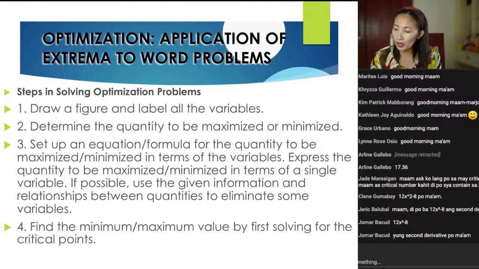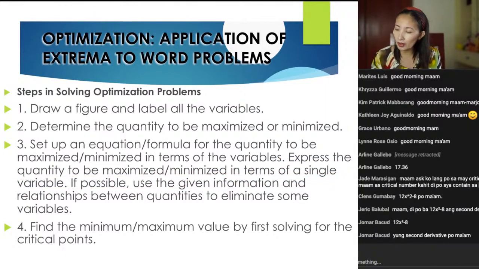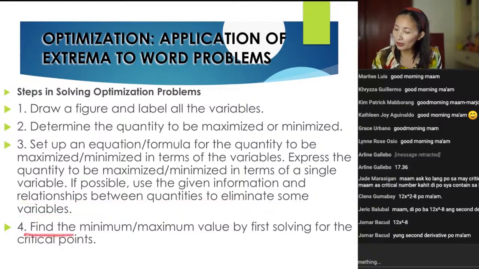Then set up an equation for that quantity. Express it in terms of one variable only. If possible, we use the given information and relationship between quantities to eliminate some other variables. And then number 4, find the minimum value, maximum value by solving first for the critical points and then determine which one will give maximum, minimum using either first derivative test or second derivative test.